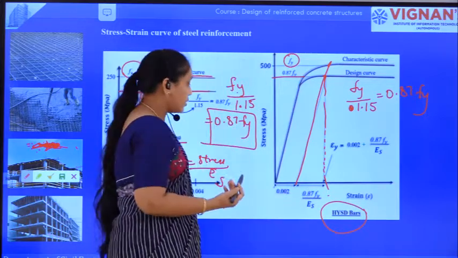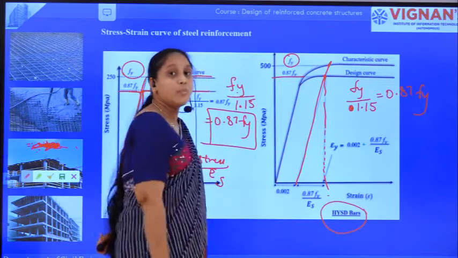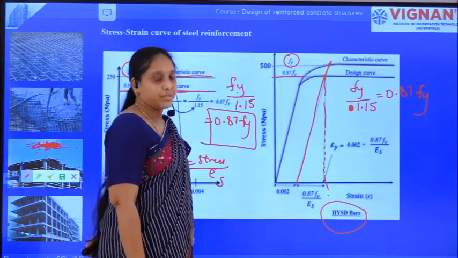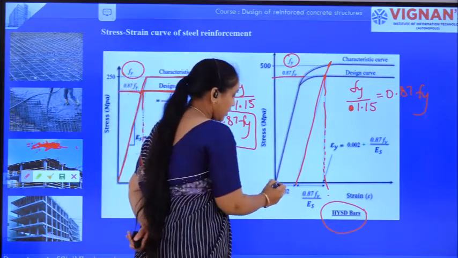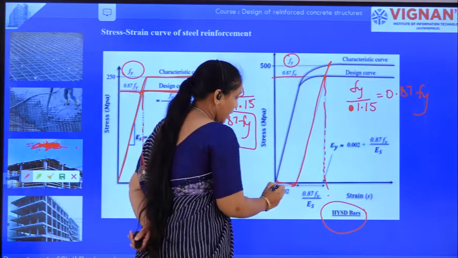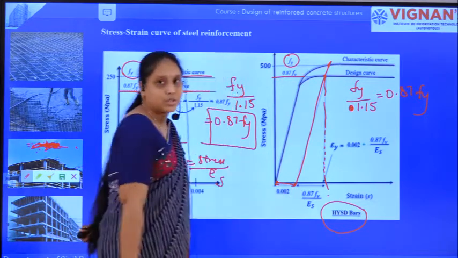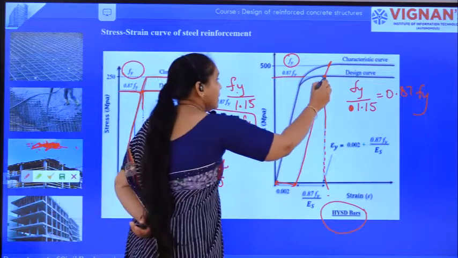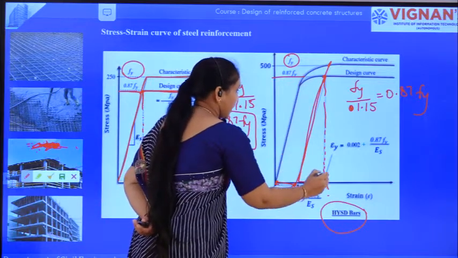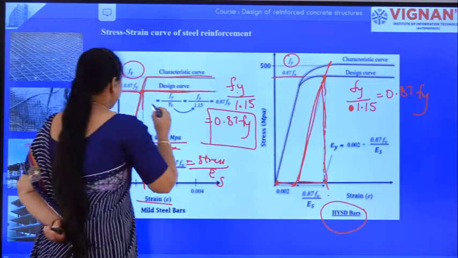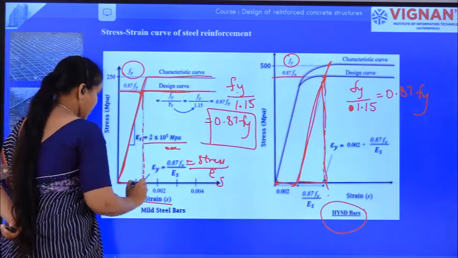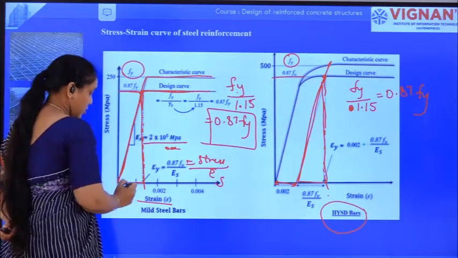How will we find out that strain? With the help of the proof stress. Based on the proof stress, this distance is going to be 0.002, and if you observe this particular triangle and this particular triangle, both are the same. So what is the strain here?